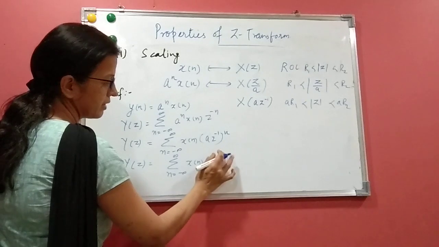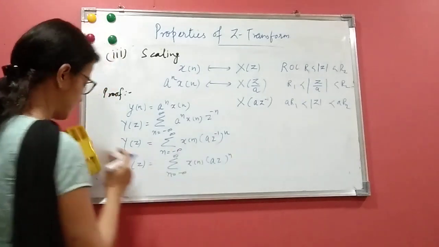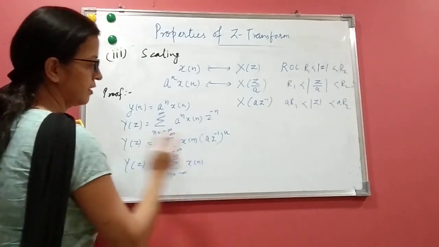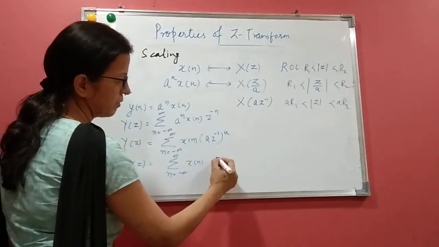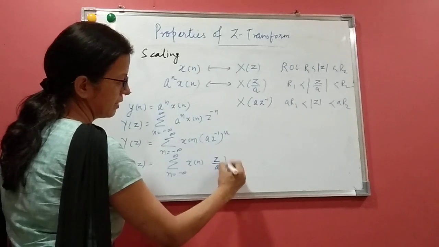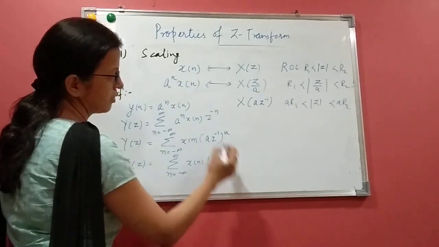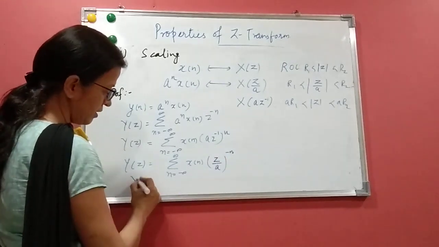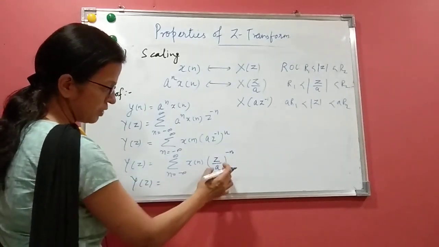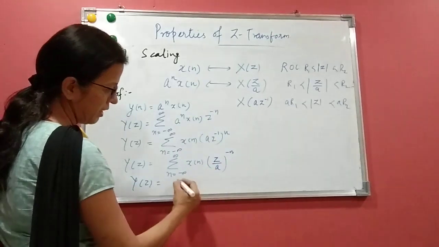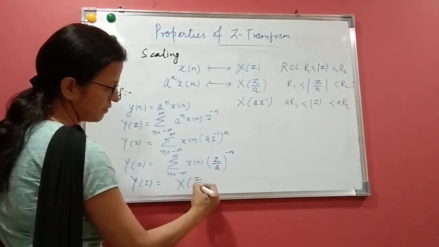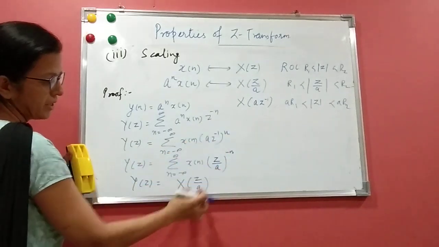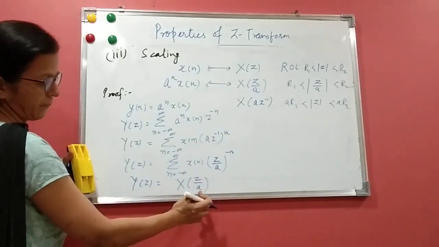So if I want minus n outside, it will be z by a raised to minus n, because we want minus n here. That means Y of z equals X of z by a, because in place of z you have z by a.